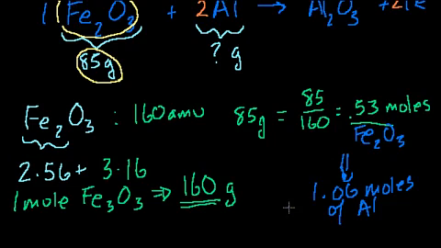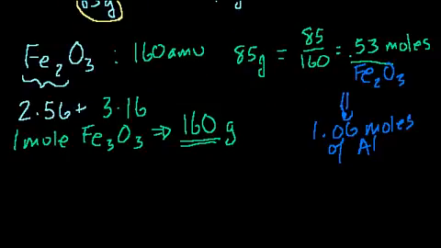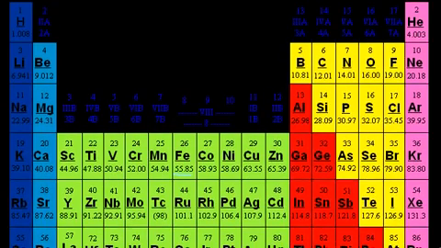All right, so we just have to figure out how many grams is a mole of aluminum, and then multiply that times 1.06, and we're done. So aluminum, or aluminium, as some of our friends across the pond might say, actually I enjoy that more, aluminium has an atomic weight, or the weighted average, of 26.98.